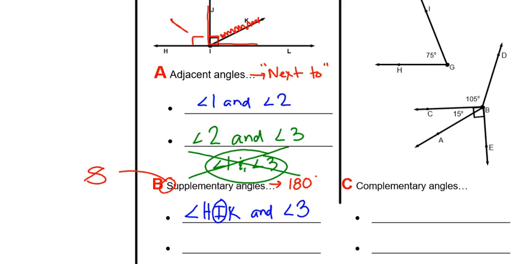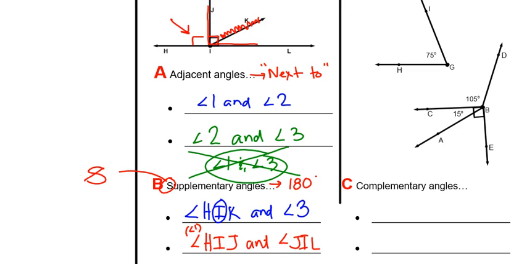So if we wanted to name the left-hand angle, we would call that angle HIJ, which we did have an angle 1 right there. And we would pair that with angle JIL. That was our angle 2, 3. Those are the supplementary angles.